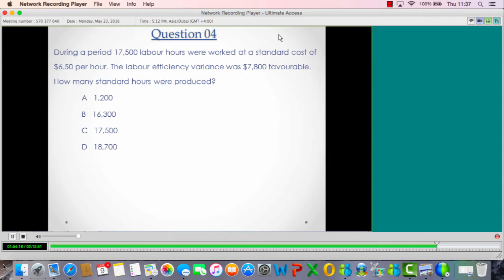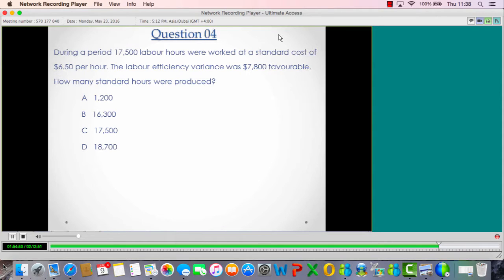Now, is 1,200 adverse or favorable? It should be favorable, right? Because they have given the labor efficiency variance in dollar terms as favorable. So ours should also be favorable. It can't be adverse. Apple with apple.